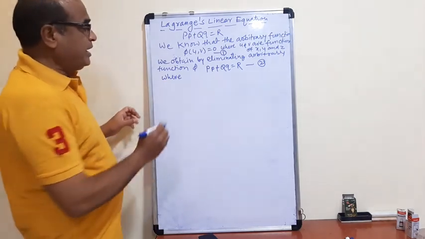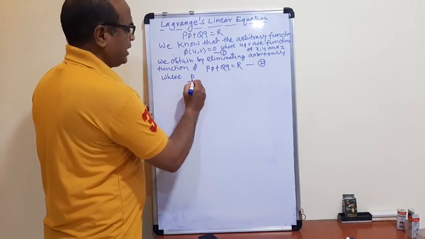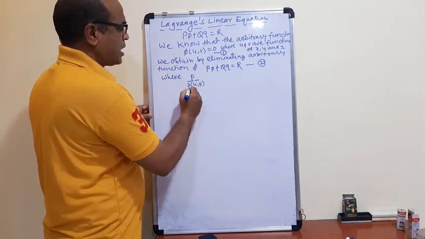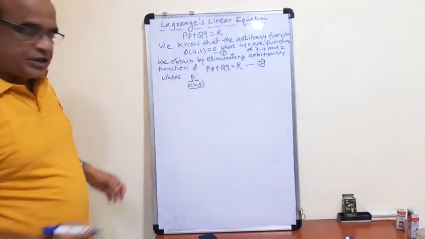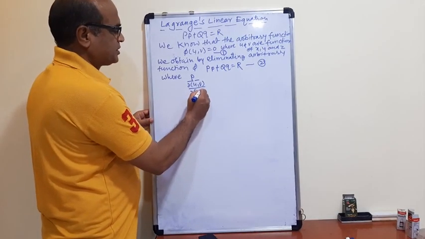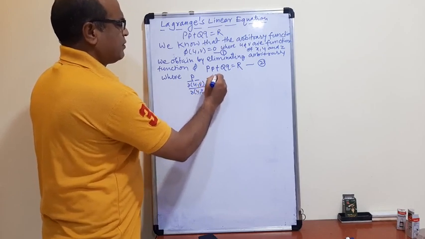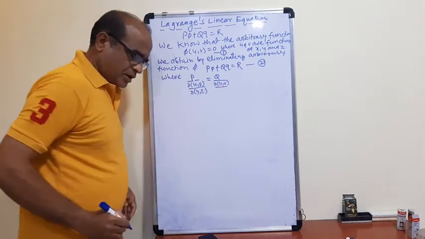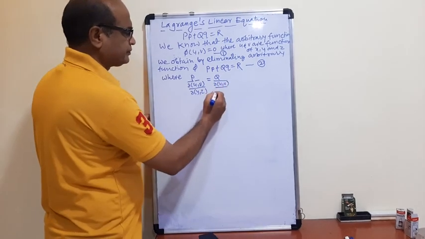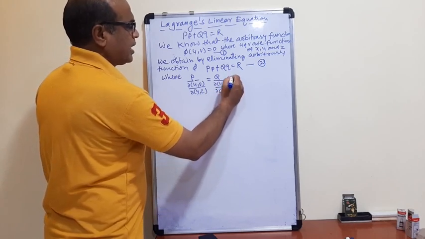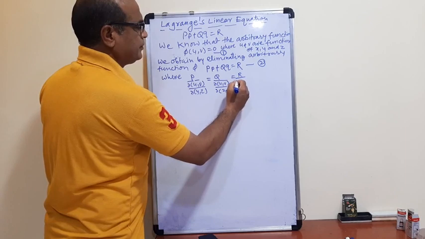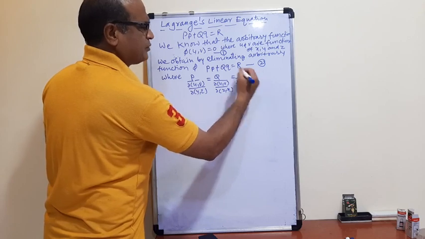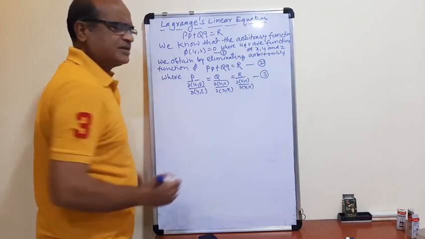So we discussed yesterday that P is proportional to dou(u,v) by dou(y,z), Q is proportional to dou(u,v) by dou(z,x), and R is proportional to dou(u,v) by dou(x,y). We discussed this in the last lecture.